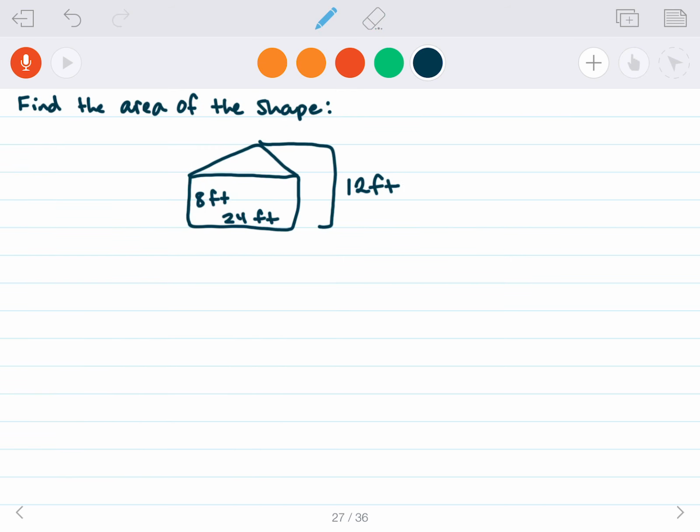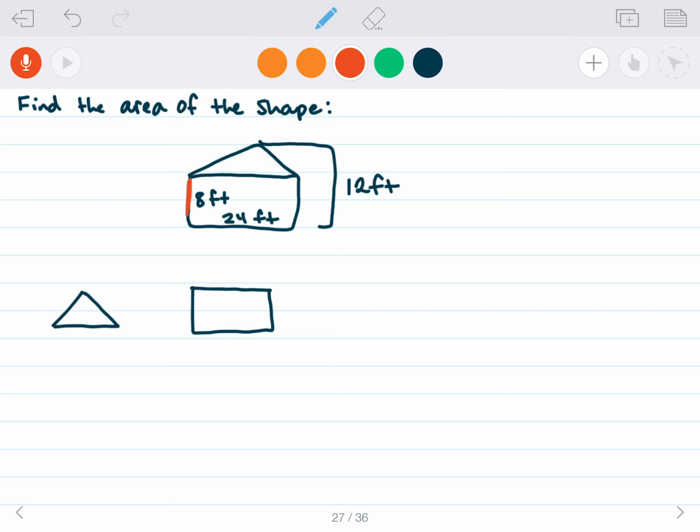So for this problem, we want to find the area of the shape. Now we can cut this shape into two different pieces. We can cut it into the triangle that makes up the roof of this house, and we can cut the rectangle off. And it's pretty easy to see what the area of the rectangle is because we have the dimensions.